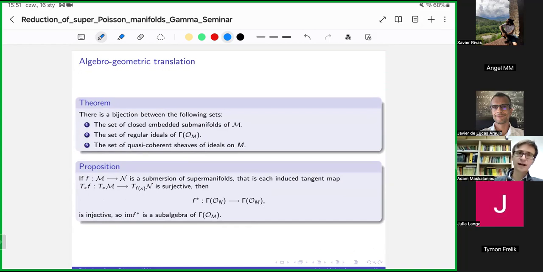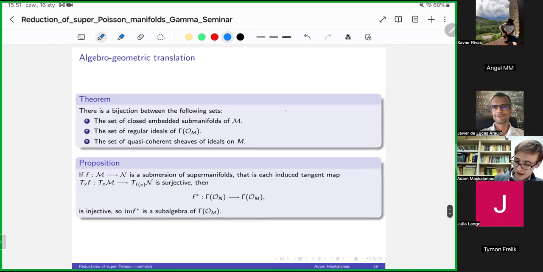The regular ideals are the ideals that satisfy certain properties that make this quotient just isomorphic to the smooth manifold M. And these ideals are constructed in the following way: if we are given a submanifold N in the manifold M, then we consider the ideal of functions that vanish on N. And this is the corresponding ideal.